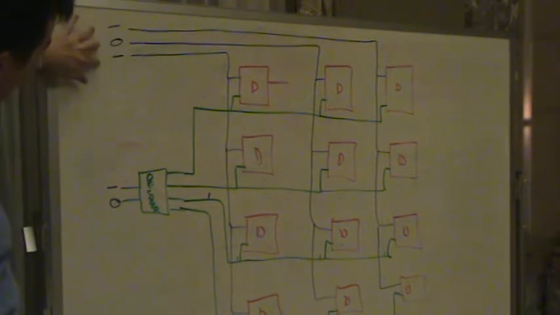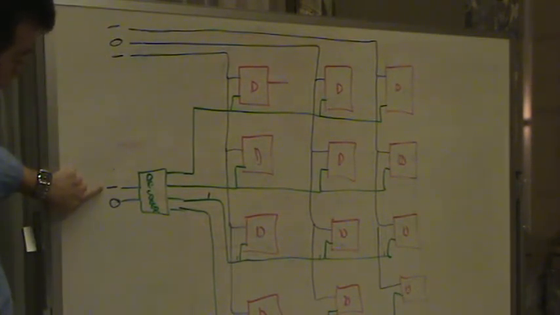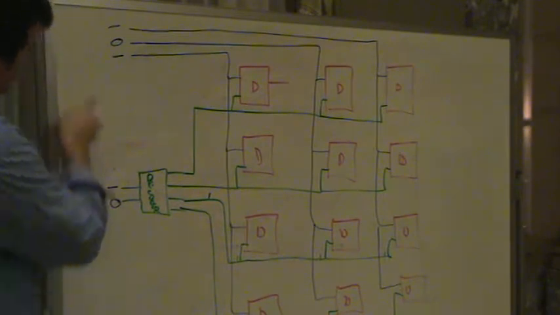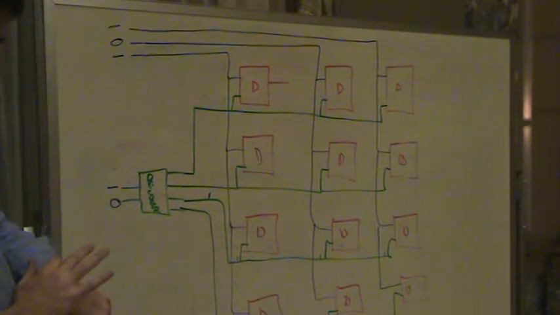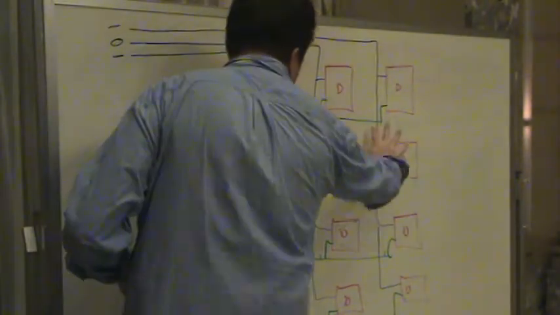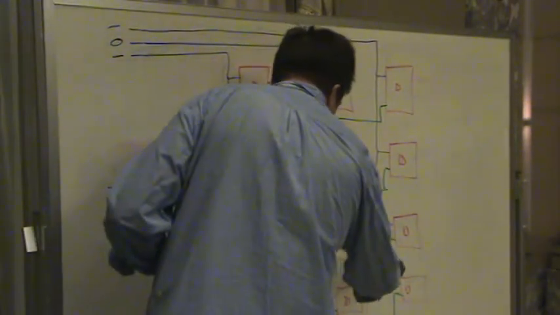Let's say I decided I want to write the number 5, which is 1, 0, 1 in binary, into memory location 2, which is these 3 cells. All I have to do is put a 2 here and a 5 here, wait a little time, and the result will be all of these boxes stayed the same, but this box became 1, 0, 1.